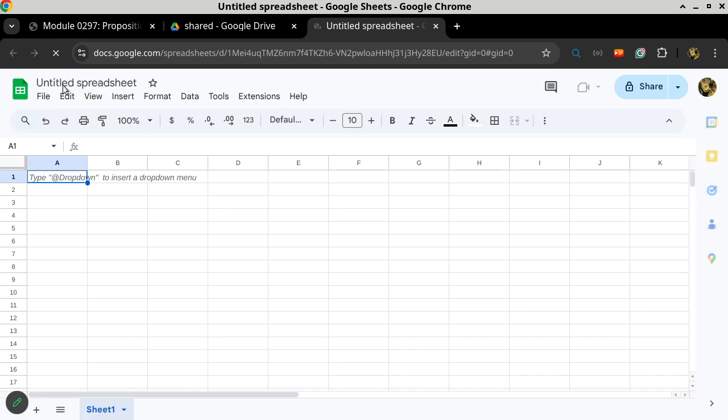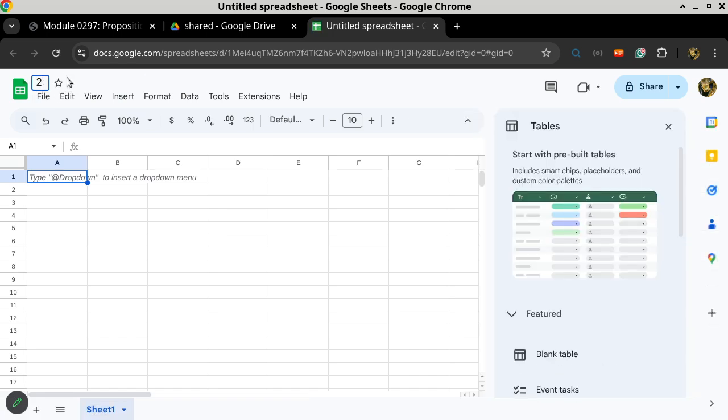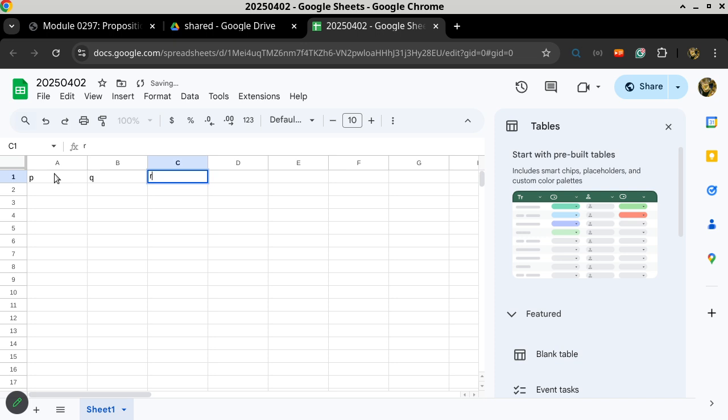Create and share. Okay, and today's date, 2025 0402. Okay, all right, this is easier. So we got three columns, P, Q, and R. Okay, so we're going to say P is missing entirely, P is not negated, and P is negated. And then each one is supposed to have 9 entries.